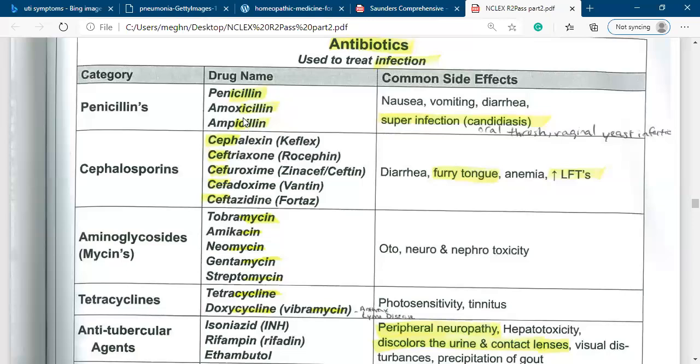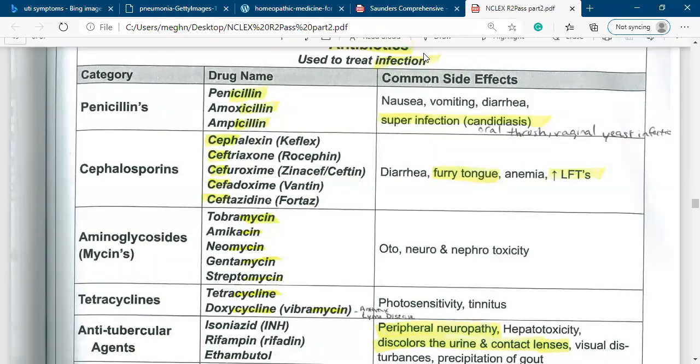Do not stop when symptoms disappear. Okay. So in the penicillin section, we talked about the drug names, side effects, indications, and mode of action. And the key point I told, we have to monitor for any kind of allergic reaction.